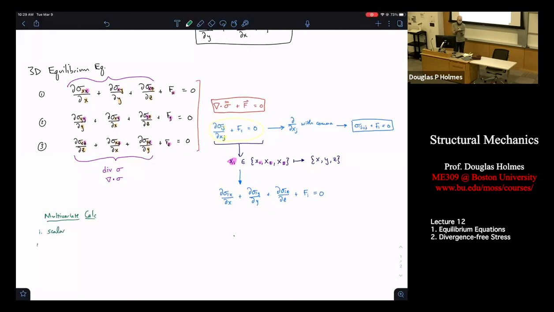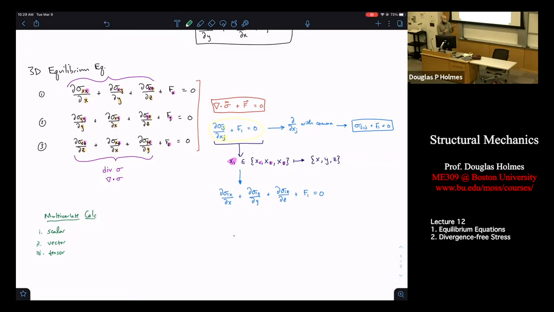We have the level of a vector, which is something that has direction in, say, X, Y, and Z. And a tensor, which is what we've been doing with these stress tensors, which are kind of matrices, if you will. It's kind of a square rectangle problem. A tensor is a matrix, but a matrix is not necessarily a tensor.